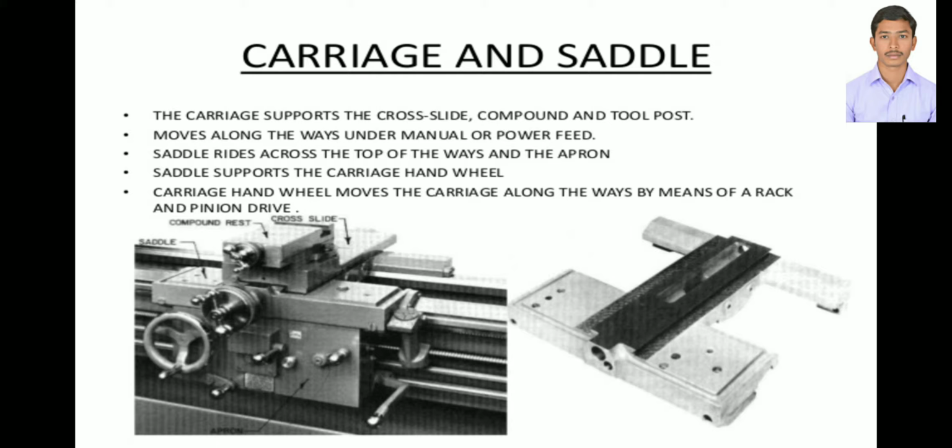The tool post is rotated through 360 degrees, so we can place it at 45 degrees, 70 degrees, 30 degrees, 90 degrees, 180 degrees, 120 degrees. That is the carriage and saddle.